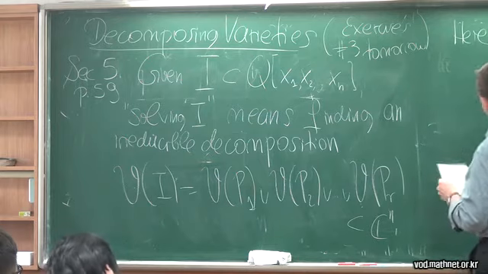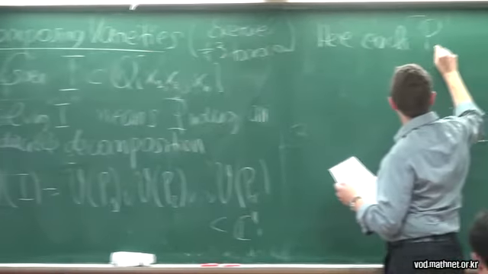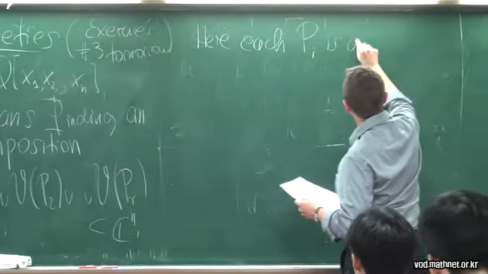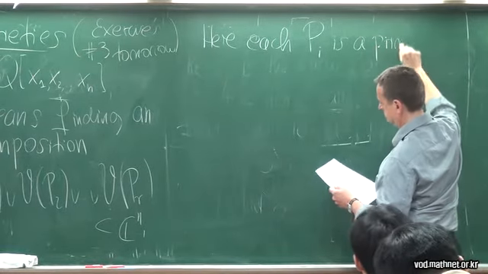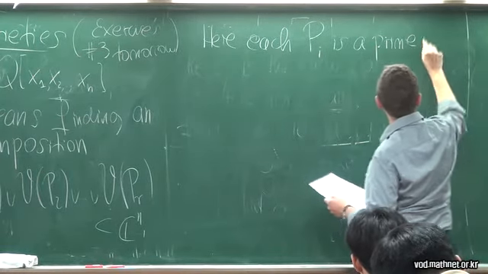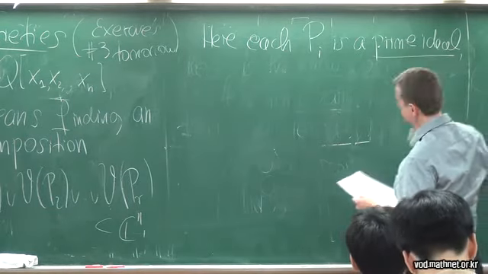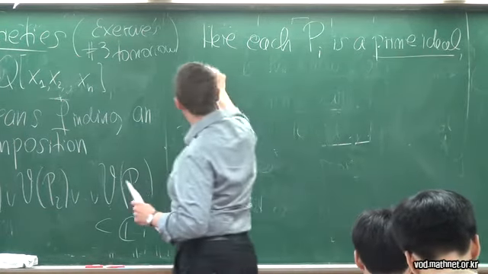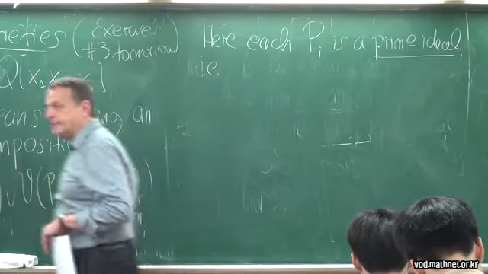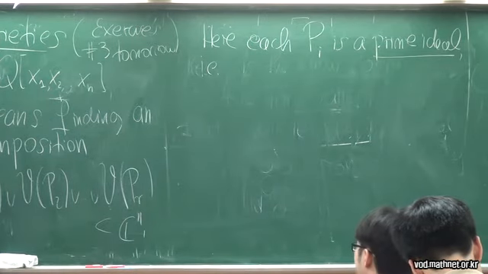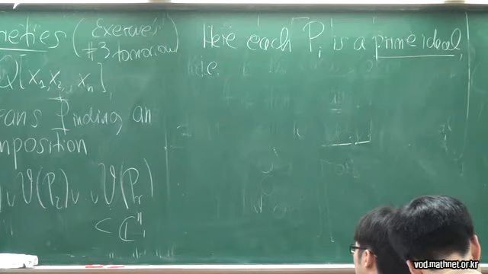So here each Pi is a prime ideal. Okay? I'm going to give you a definition in a moment. So prime ideal is like prime rib or prime time. It's a very good ideal.